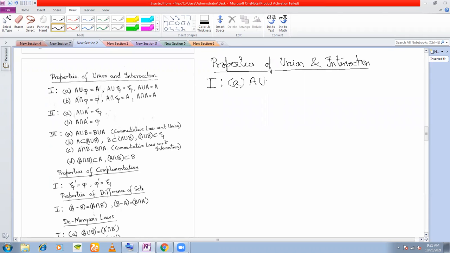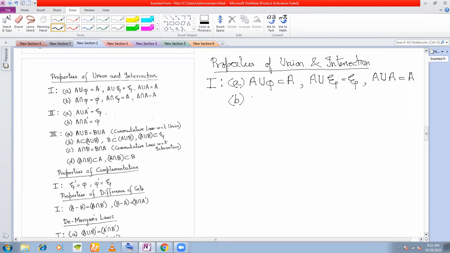Any set A, union a null set will always give you the set A. The set A, union the universal set will give you the universal set. Any set A, union with itself, A union A will give you the set A. Remember these. These are very easy also. Obviously, A union null set will give you A, and A union the universal set will give you the universal set. These are quite basic. You can check it with the help of examples also. Any example you take, you will get it.